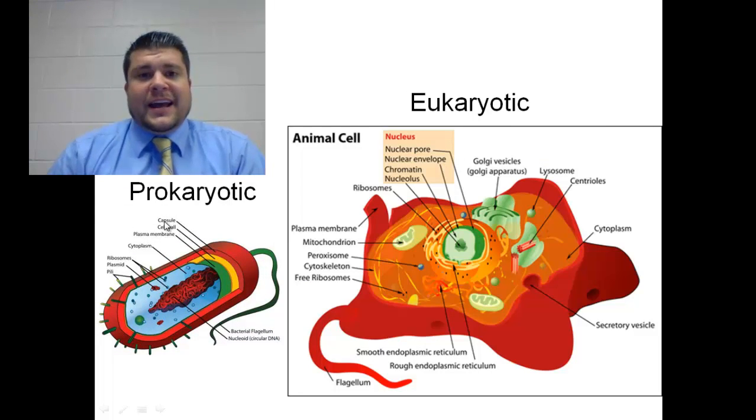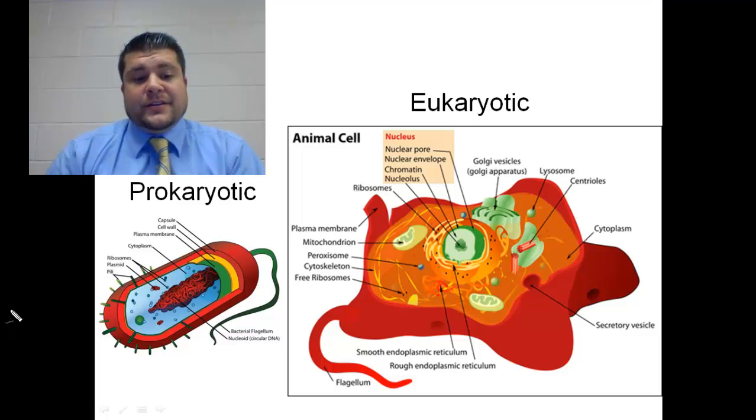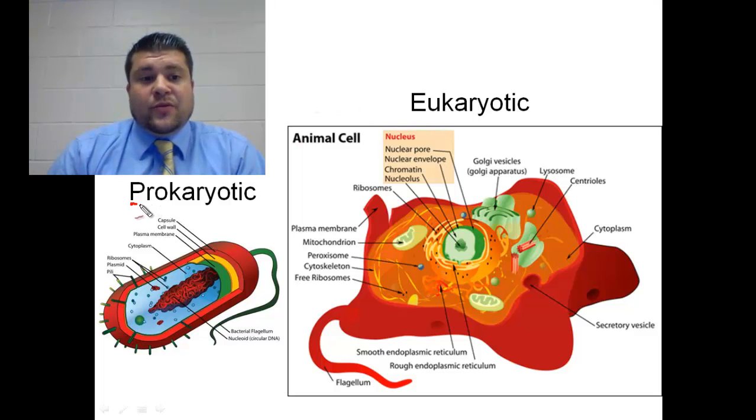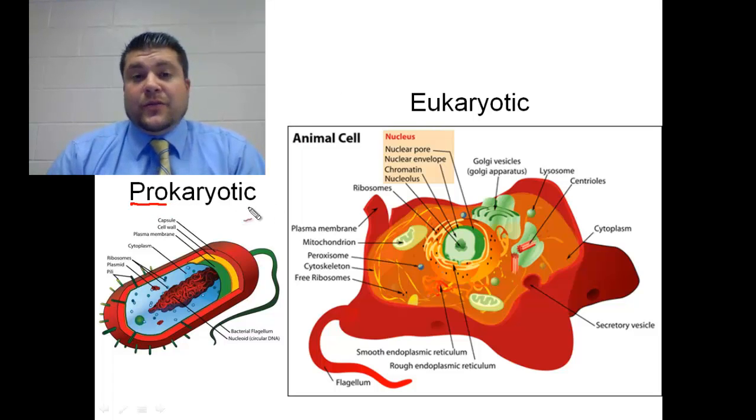So if we look at the different types of cells, they can be broken up into two main categories. And this is going to be prokaryotic and eukaryotic. Pro means before, and karyotic means the egg. So before the egg, and eukaryotic means new. Okay?